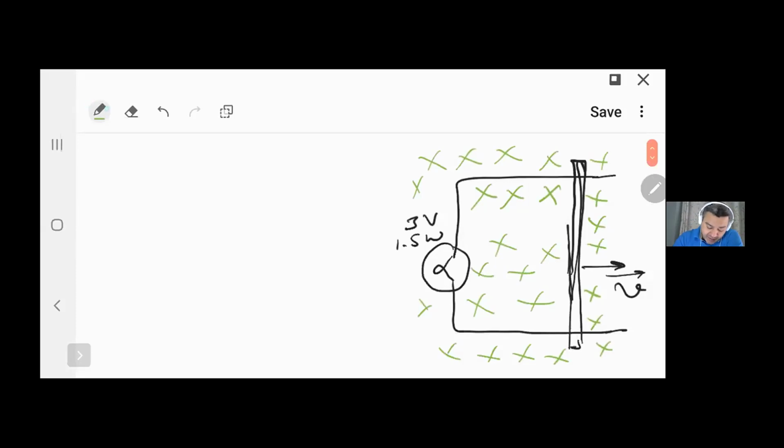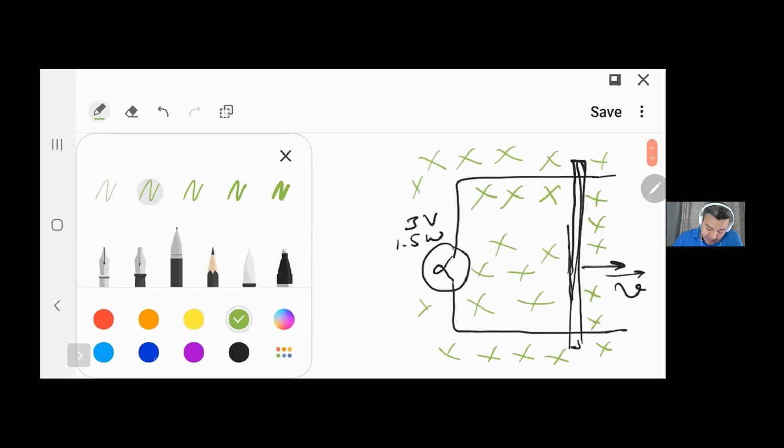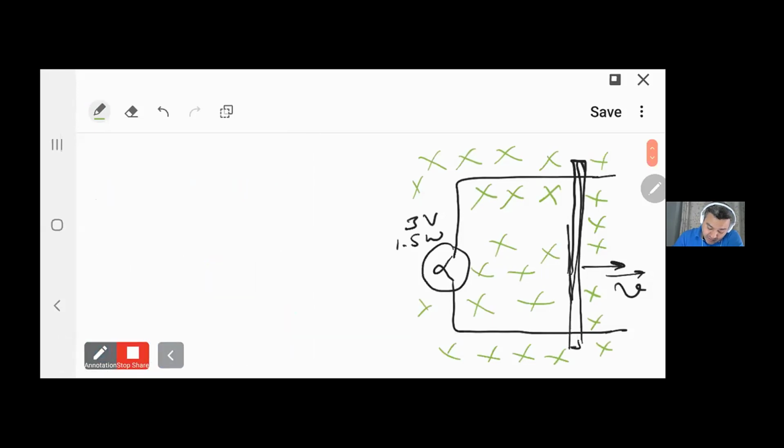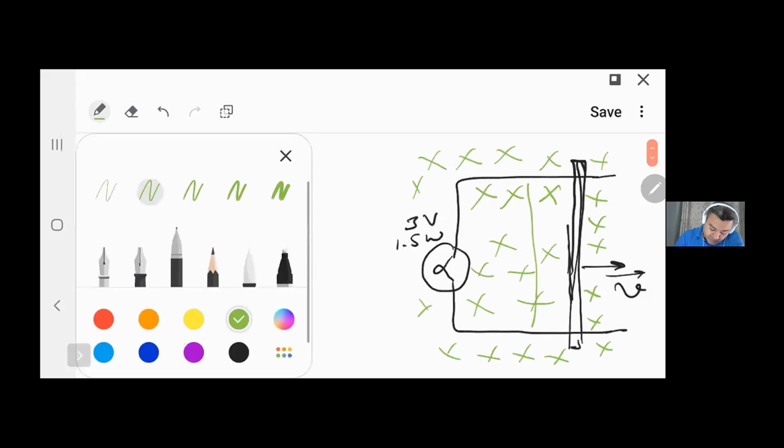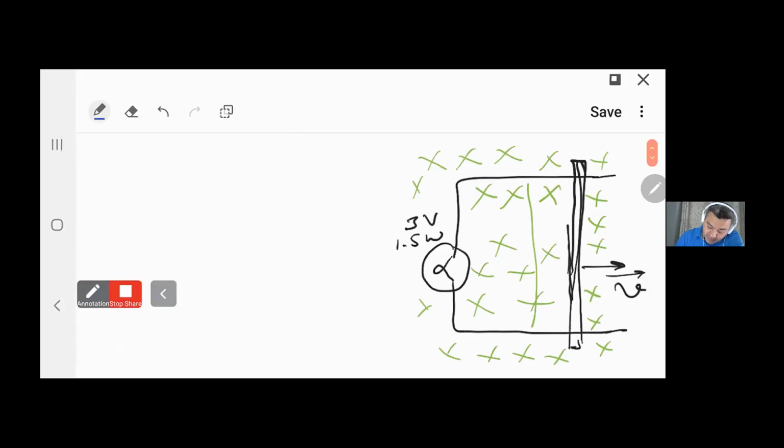I have the length here. This is 10 centimeter, right?